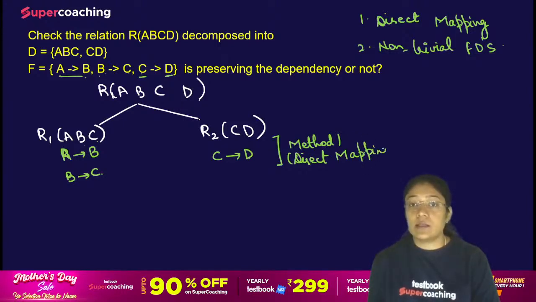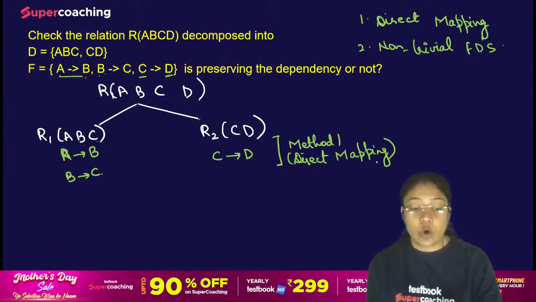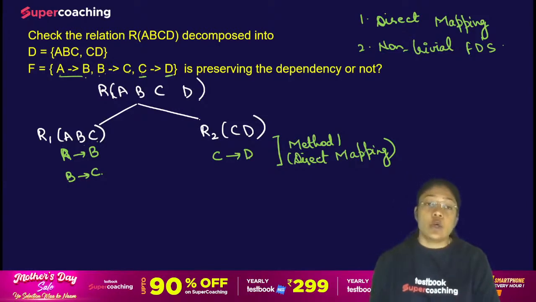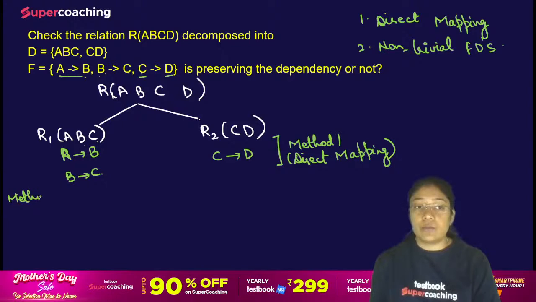Another method is by finding the non-trivial functional dependencies. Non-trivial functional dependencies कैसे find करनी है? Method 2. So I need to check for A determines B. So what we'll do is we'll find out A closure.